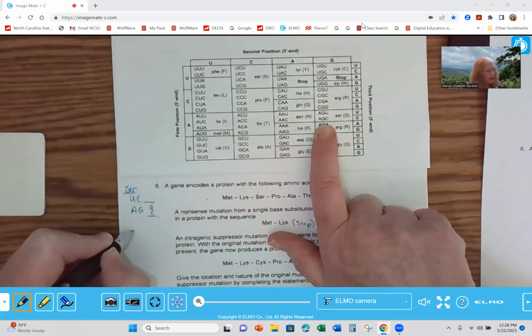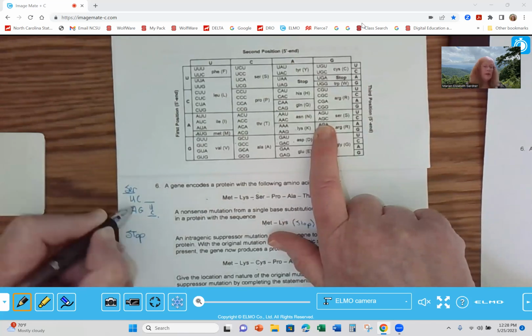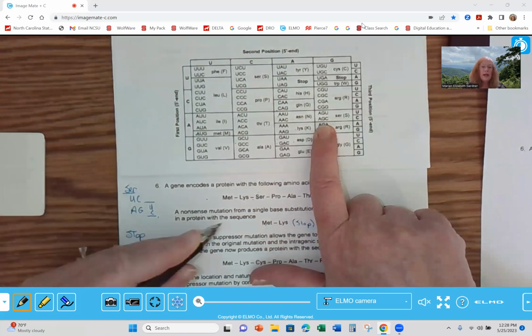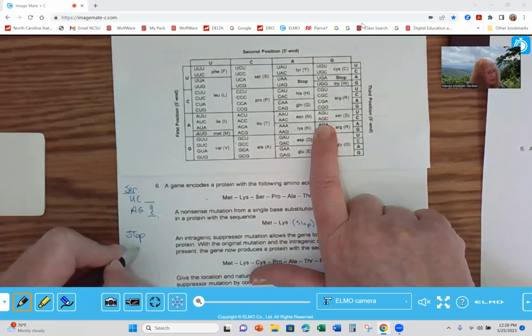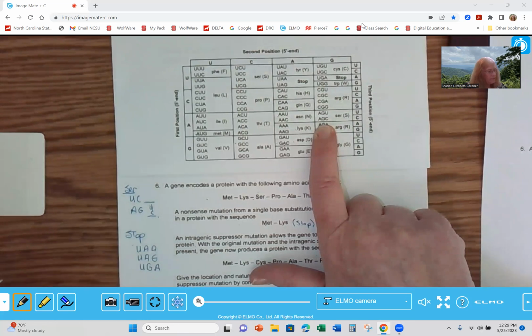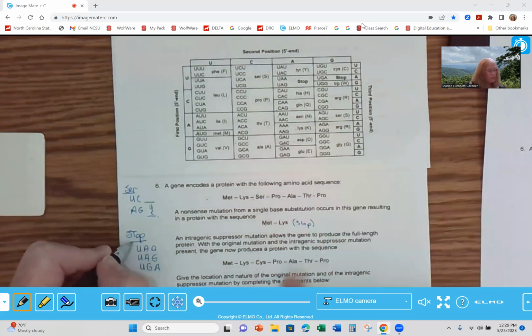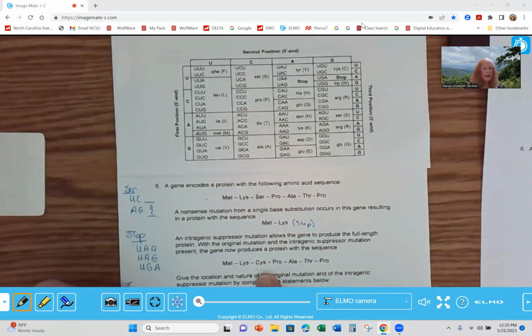Let's look at our stop codons, because we know that the codon for serine was changed to a stop codon here, and those are UAA, UAG, and UGA. And then we need to look at our cysteine codons.